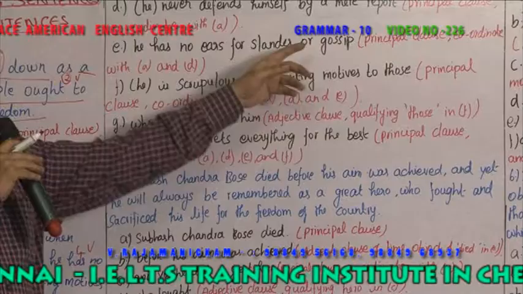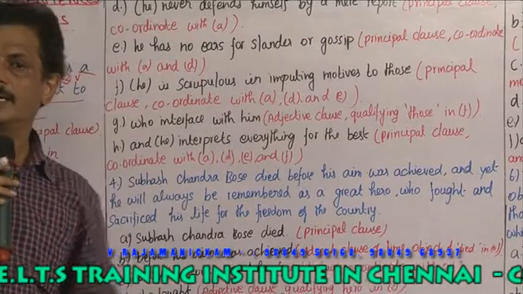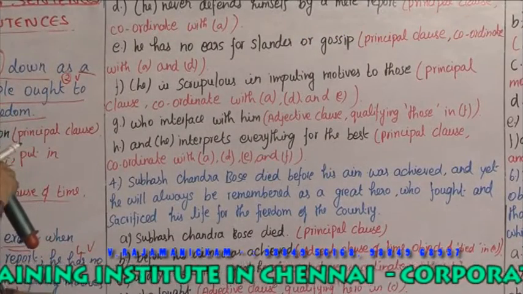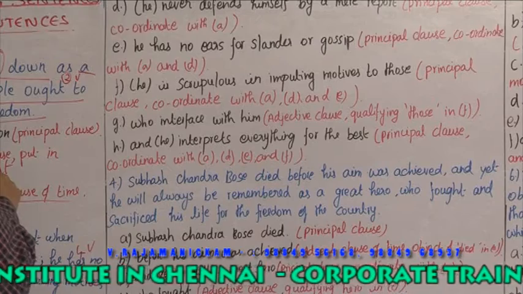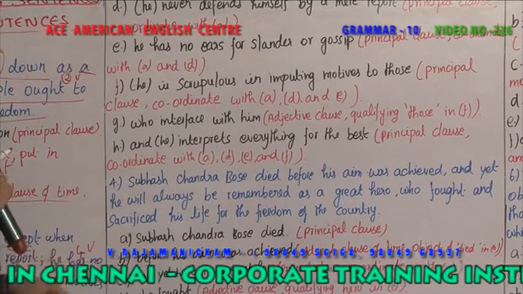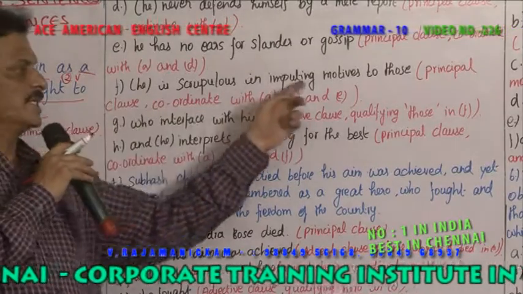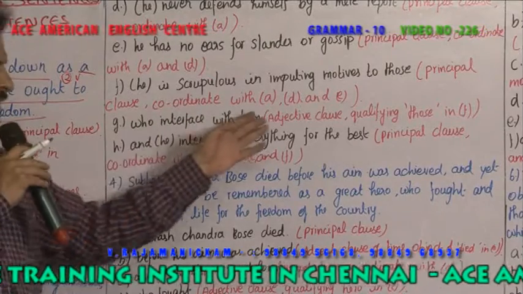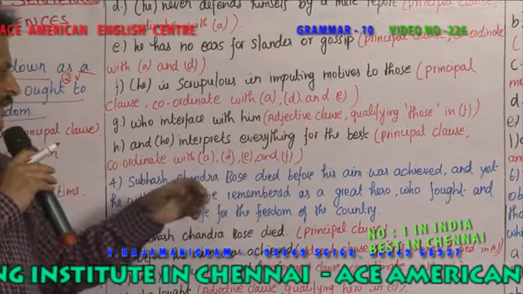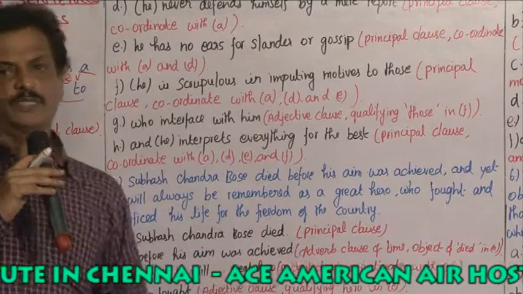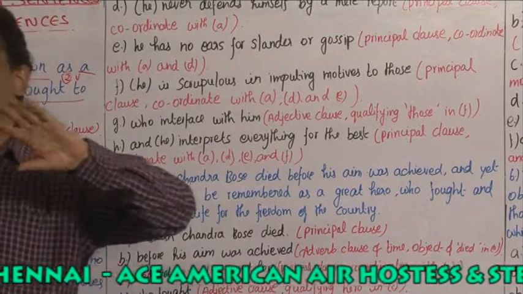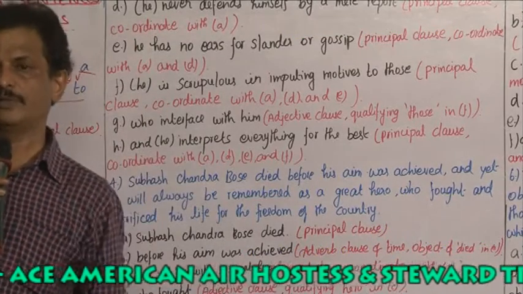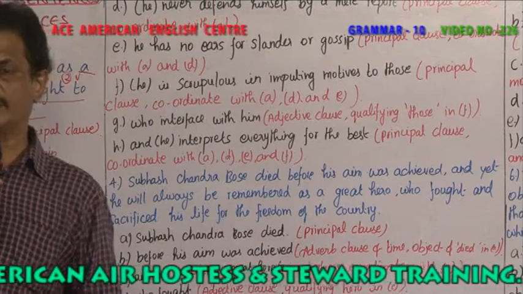He has no ears for slander or gossip. He never thinks about gossips. He has no ears, right? Next, he is scrupulous in imputing motives to those, once again a principal clause, who interfere with him. This is an adjective clause. And he interprets everything for the best. So this is how you have to work in a paragraph: find how many verbs are there and write down which is the main clause.